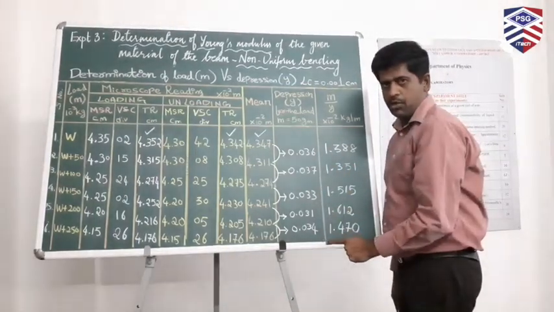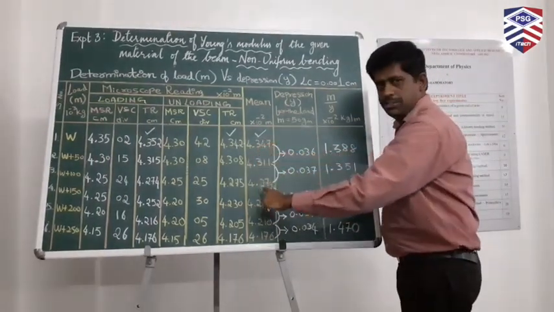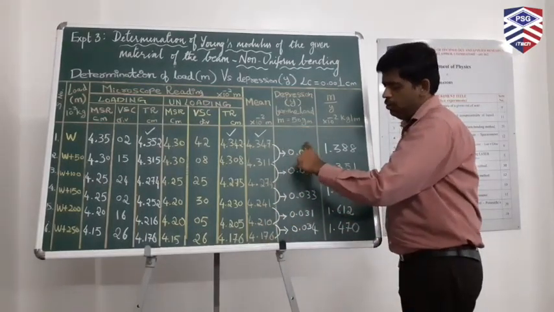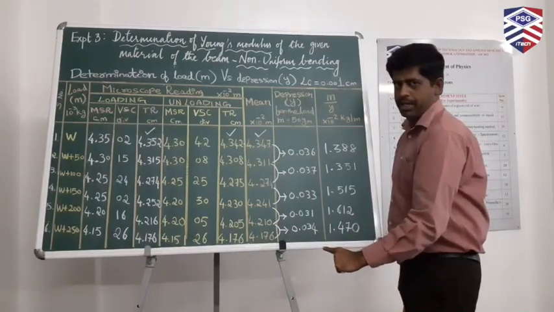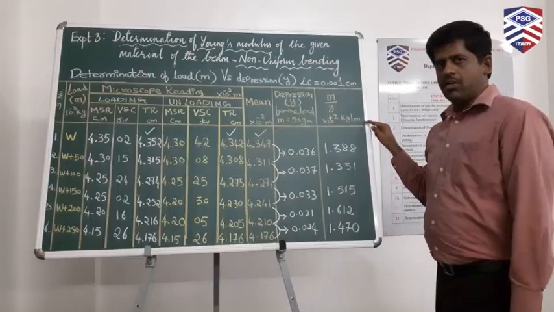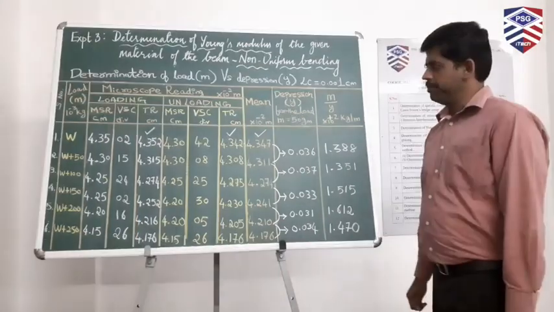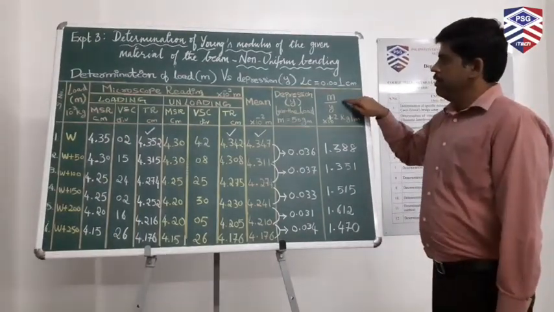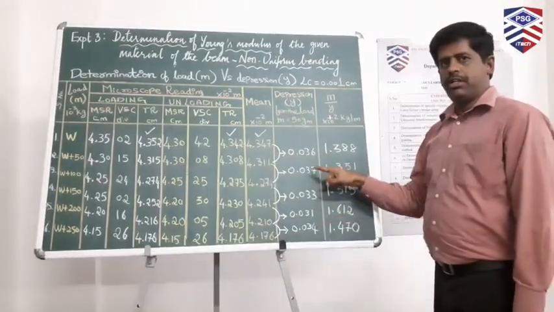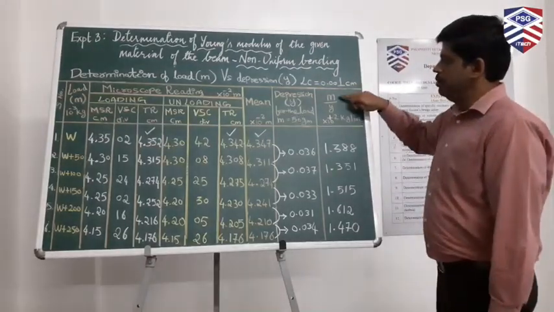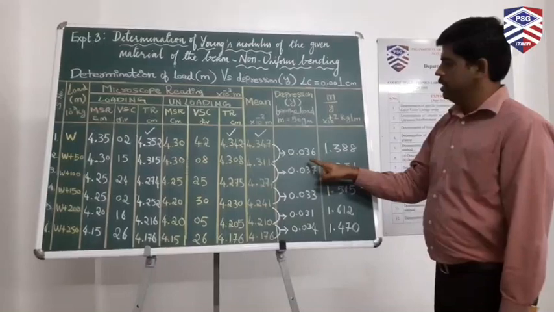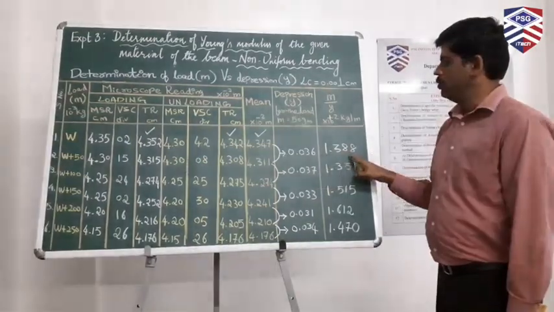Here it is worth noting that you will be having 6 values in mean, and since we take a difference, you will be getting the 5 values over here. Now let us see how to calculate the last column called M by Y. M is the mass for which we have calculated the depression called Y. So we will be substituting M, 50 grams, over Y. This is the value.